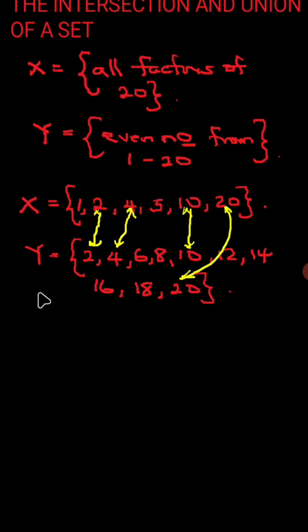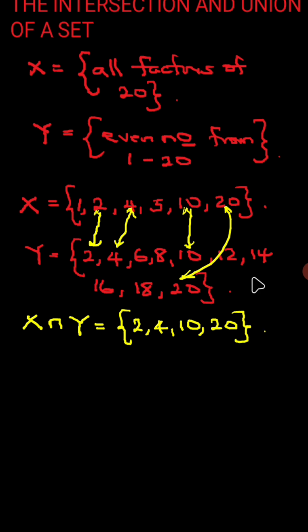So these four numbers are the intersection of set X and Y, and in mathematical notation, we are going to write this as X intersection Y. This symbol that looks like N here is regarded as intersection. Then the set will be equal to those numbers that are present in both sets. So we have 2, 4, 10, and 20. This is it.